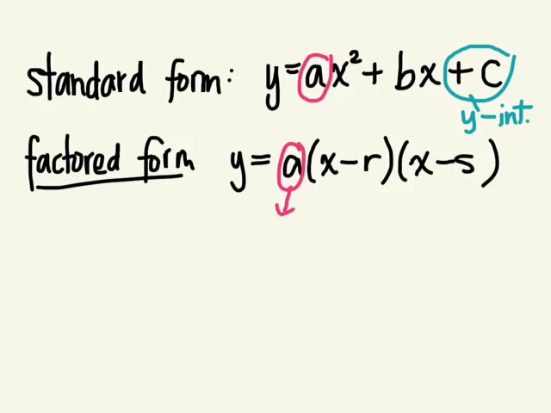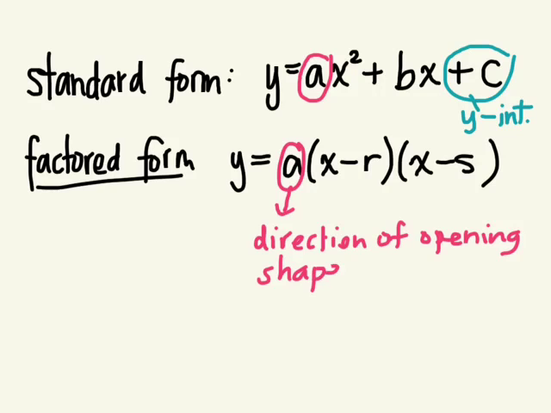So this value will still tell us the direction of opening and the shape, right? If it stretches or compresses. We're going to talk about what R and S mean, okay? So remember that it's X take away R and it's X take away S. And I'll talk about what these variables stand for in a minute.